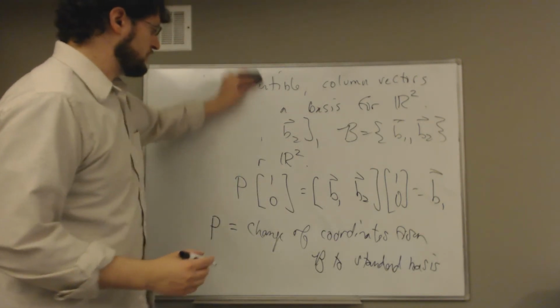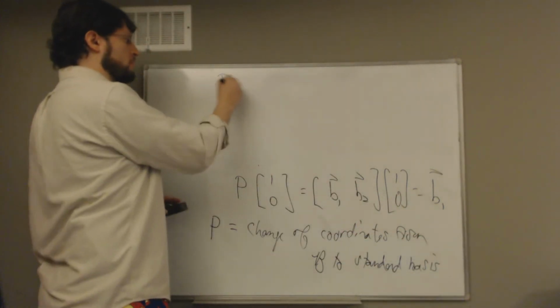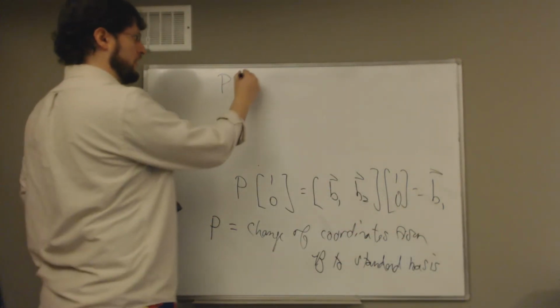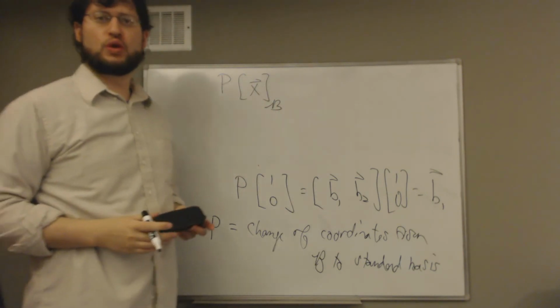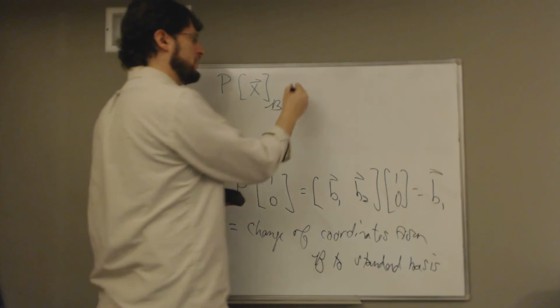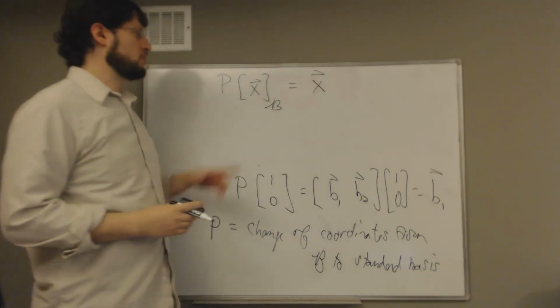So in other words, P applied to a vector x written in its coordinates relative to the basis B is in fact just x. Because what is this saying?